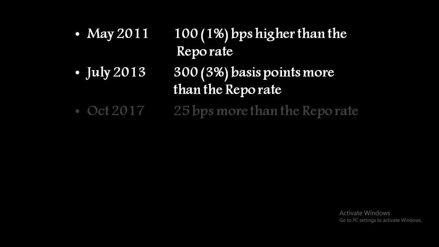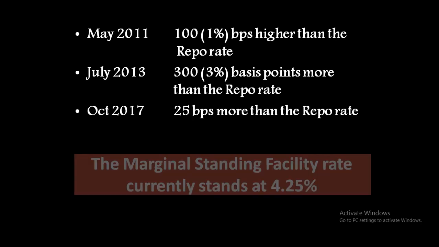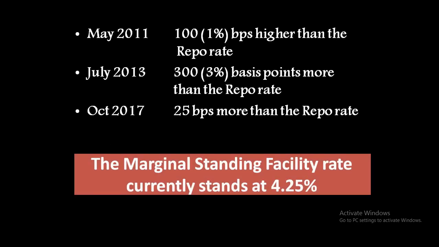As per the amendment in RBI monetary policy done on 4th October 2017, the MSF rate is fixed at 6.25, which is 25 bps more than the repo rate, and the current MSF rate stands at 4.25, which is again 25 bps more than the current repo rate, which is 4%.